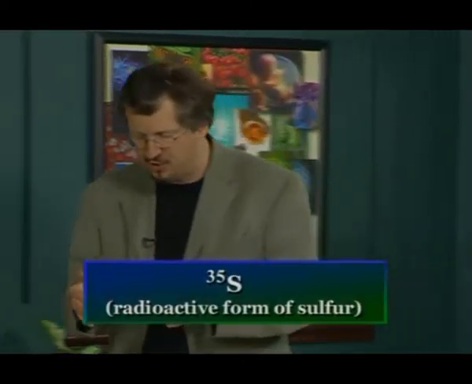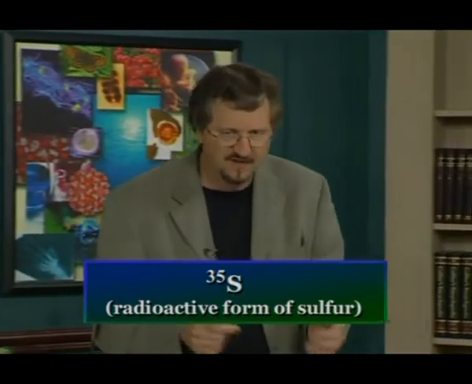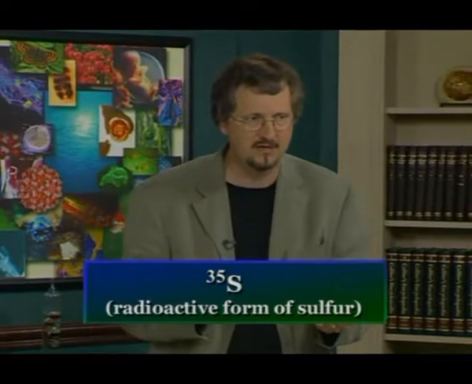So they could grow some T2 viruses in a medium that had a lot of this radioactive sulfur in it. And the viruses, as they reproduced, would incorporate sulfur into their protein coats. That meant you could ask not where did the protein go, but where did the radioactivity go? And I'll show you how they did that in a second.